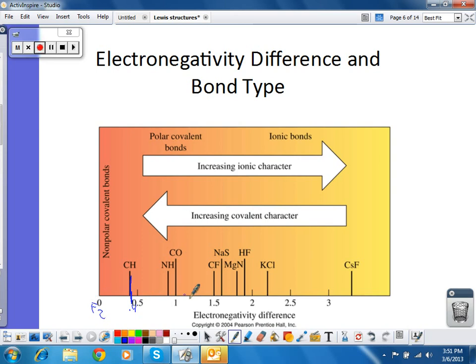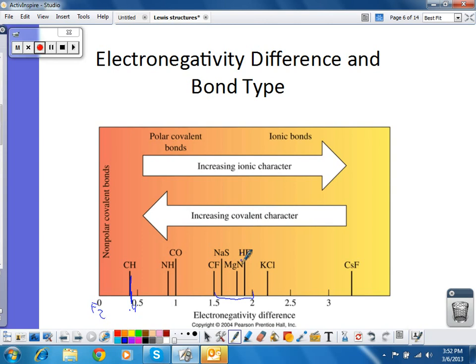Once we get past here, when we start getting up in this region, what we find is that the bonds that form are very polar. So they have characteristics of both ionic and covalent bonds. CF is very polar. HF is very polar. And you can see between these two, we have sodium sulfide and magnesium nitride.